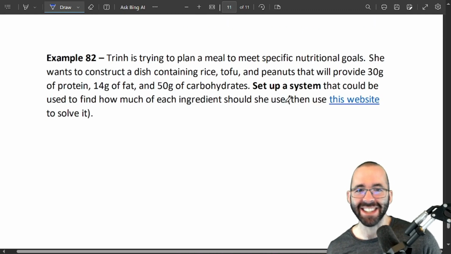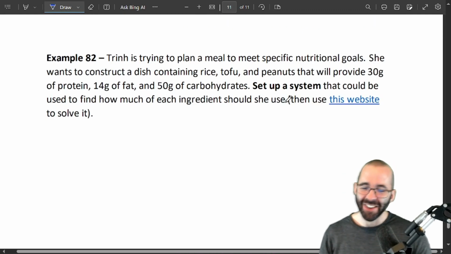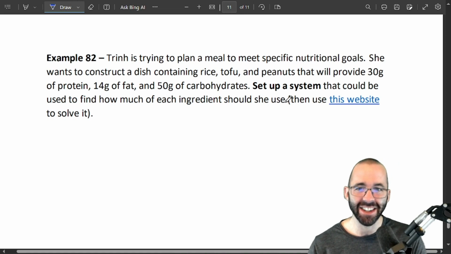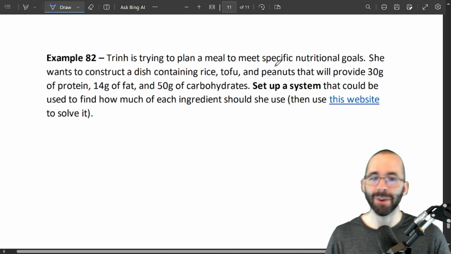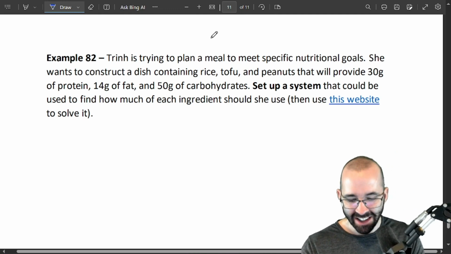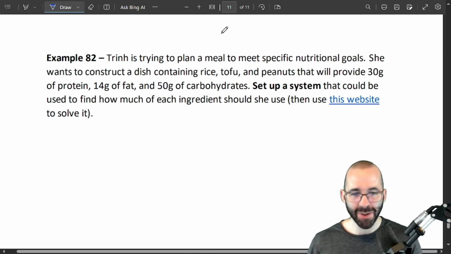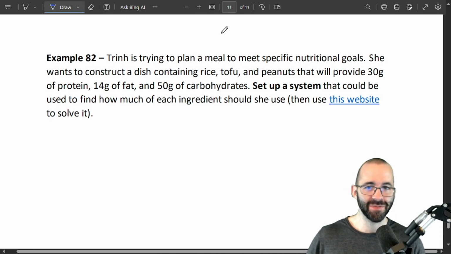There's some missing information. I don't know how much protein, fat, and carbs have for these ones. So we're going to have to find that out. Okay. So this one requires a little bit of research.